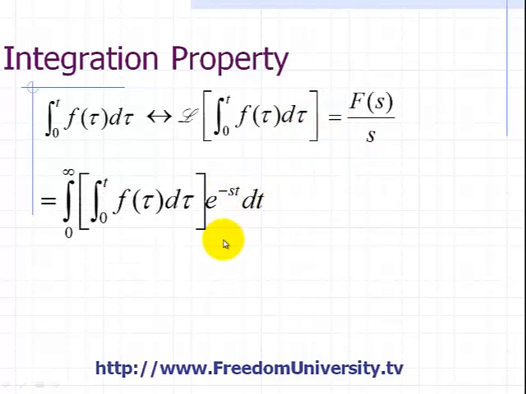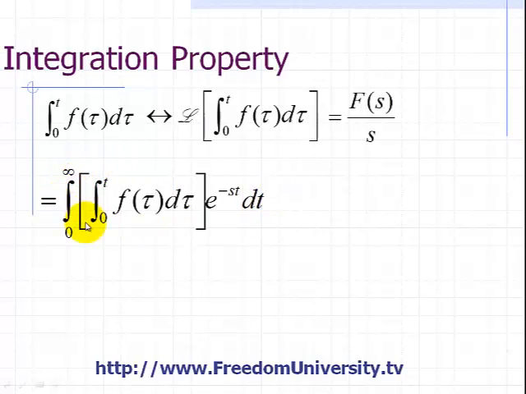First, we apply the definition of the Laplace transform, which is, we take this function here, which is an integral of f of t, which forms another function, multiplied by our definition e to the minus st dt, and that's our Laplace domain description integrating from 0 to infinity.